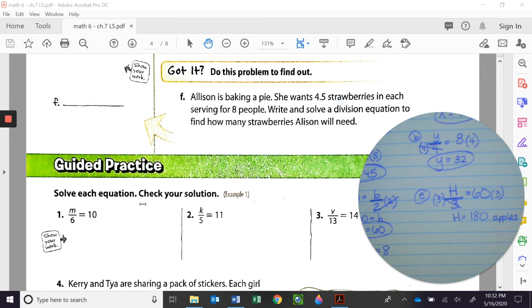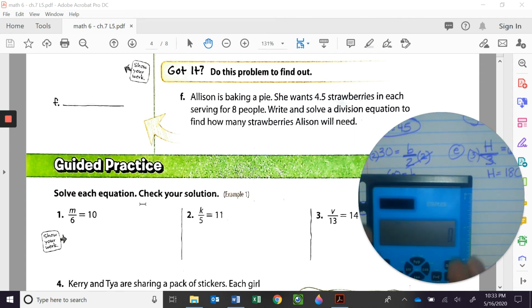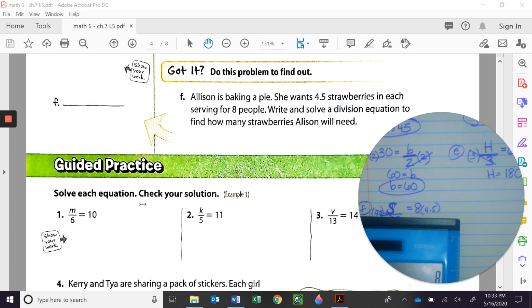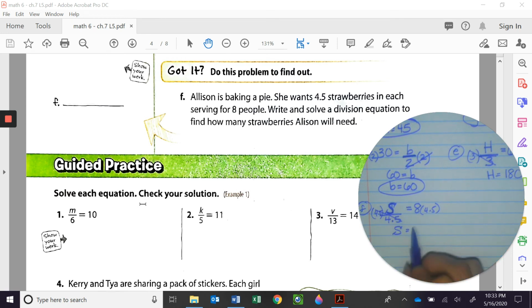And we know that we want to know how many strawberries if we have 4.5 for each person. So we're going to multiply by 4.5. So might need your calculator. So 8 times 4.5 gives us 36. So we need 36 strawberries.